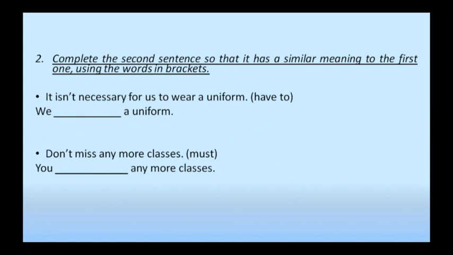In the second exercise, we will do the transformation of the sentences. We have to complete the second sentence so that it has a similar meaning to the first one using the words in brackets. The first sentence that we have to transform is, it isn't necessary for us to wear a uniform.